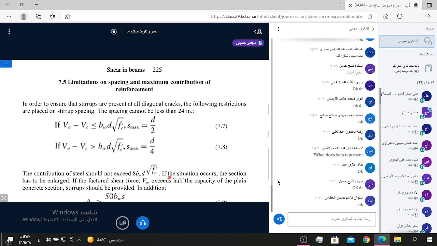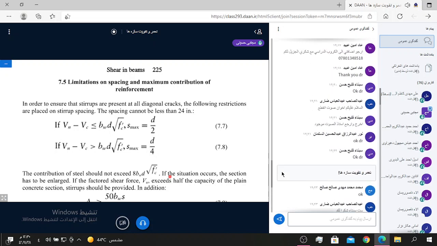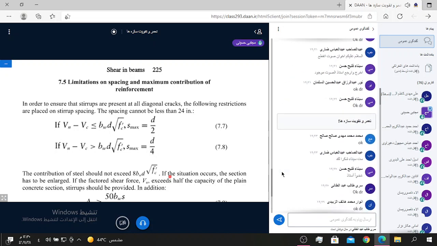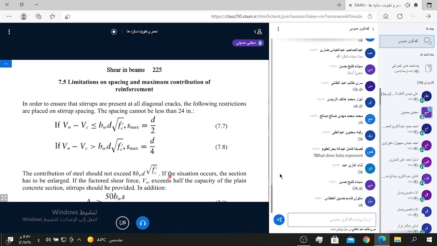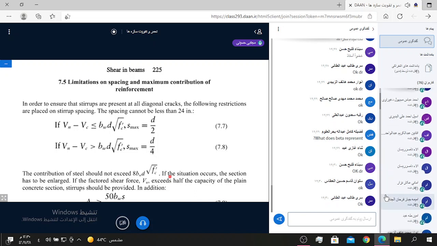To prevent diagonal cracks, restrictions are placed on stirrups, okay? And spacing cannot be more than 24 inches.